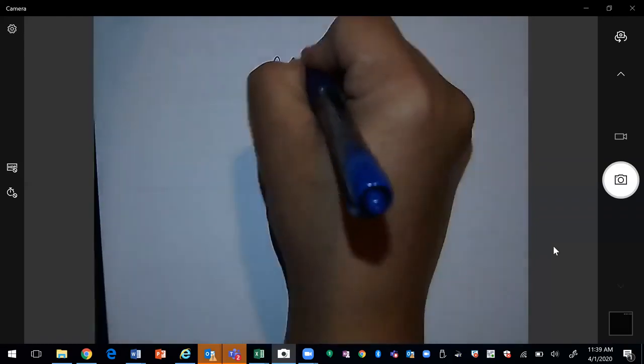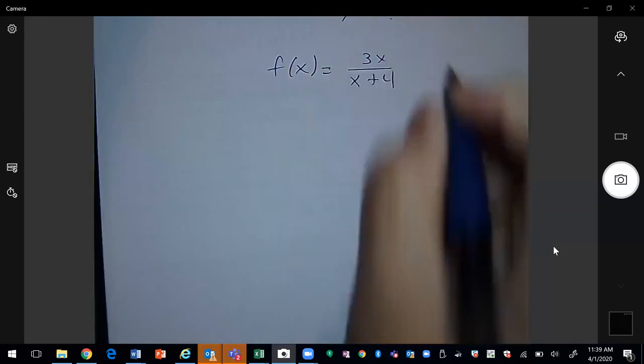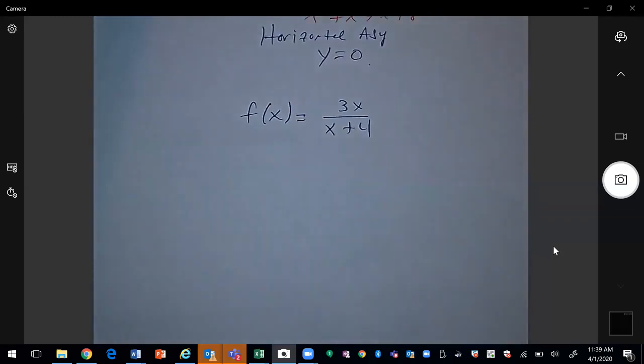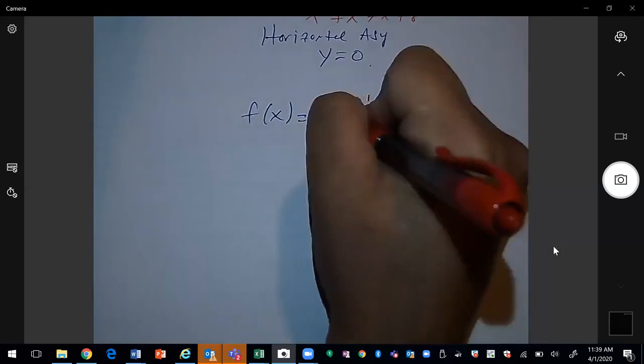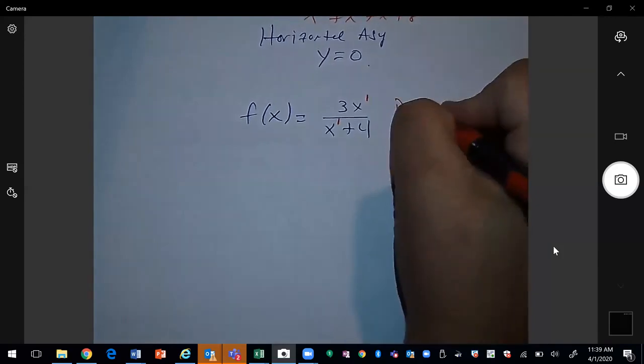So for example, if I had f of x is equal to 3x divided by x plus 4, we check the degrees. So this degree is a 1 and this degree is a 1. So the degree is the same, okay?